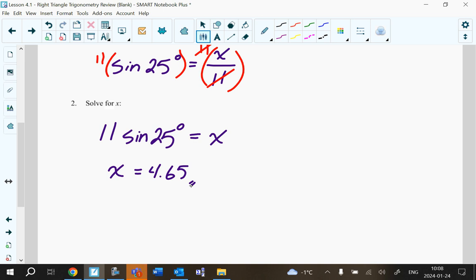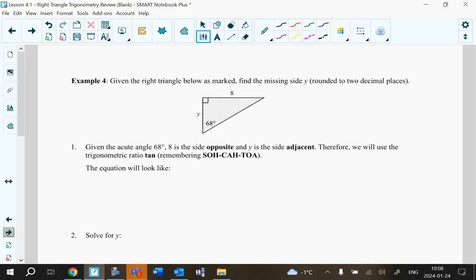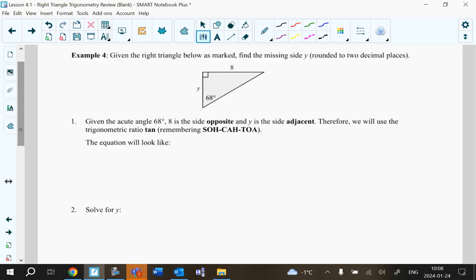Second situation would be something like this. What's the trig equation going to look like? It's going to be tan, because I'm dealing with this angle and opposite over adjacent.